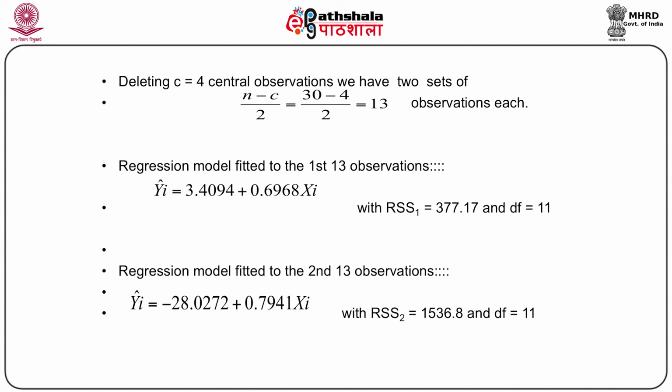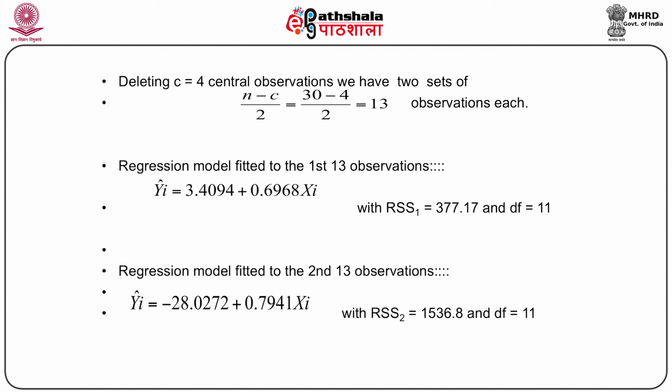After we have arranged the dataset in increasing order of x i's, we delete C equals 4 central observations so that we now have two sets of (n minus C) over 2, which means (30 minus 4) over 2 equals 13 observations in each of the two datasets.